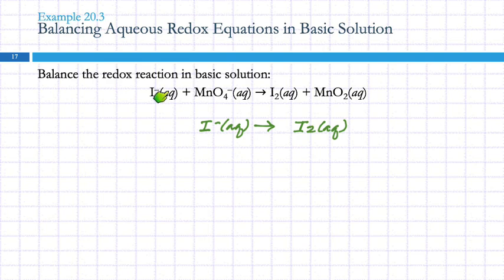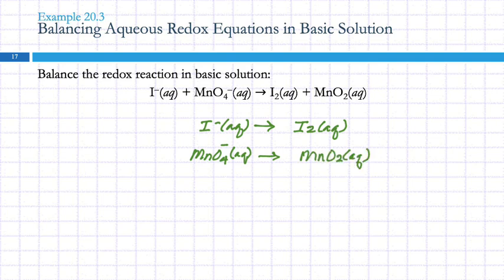I picked I minus because it was first. And I picked I2 because it's the closest to that. So then here we have MnO4 minus, and the MnO2 will be the product.